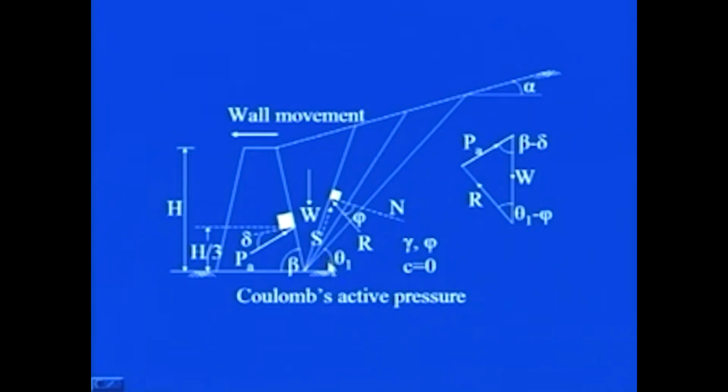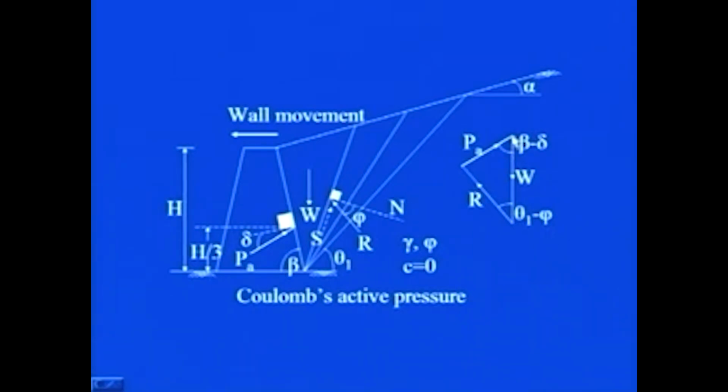As you can see here, I am showing this angle by theta. So, if I consider this trial wedge, what will be the value of theta? Theta will be the angle which this face will be subtending from the horizontal. So, we know the magnitude of W, we know beta minus delta angle, we know theta 1 minus phi angle.